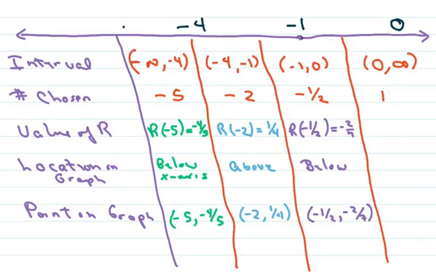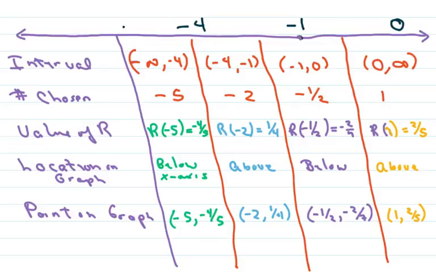And the last we have, I'm going to test r of 1. You plug in 1, you get 2/5. And this means it's above the x-axis. Therefore, our point would be 1, 2/5.